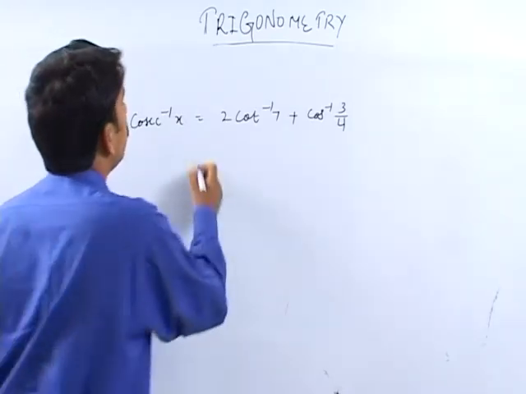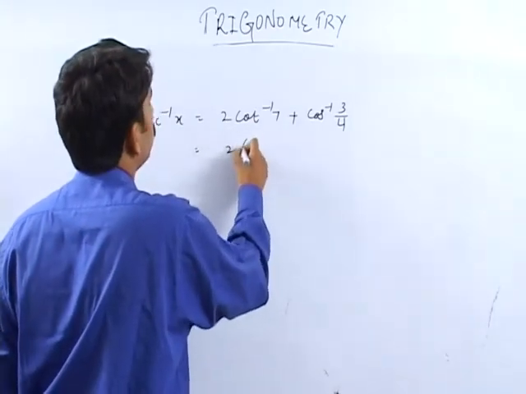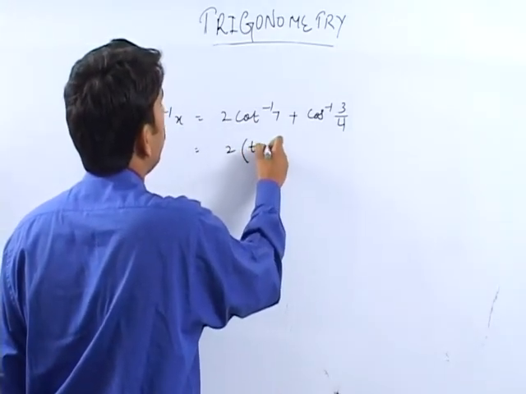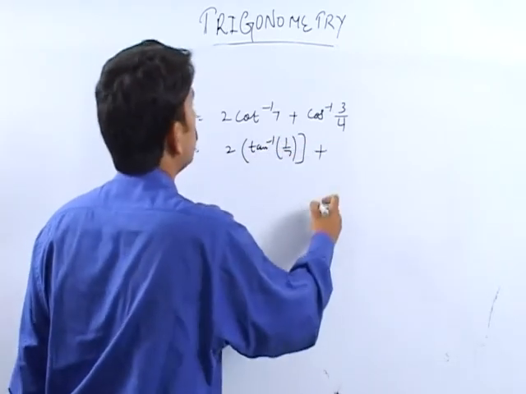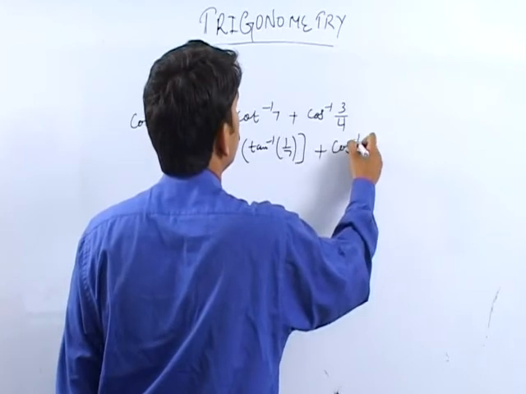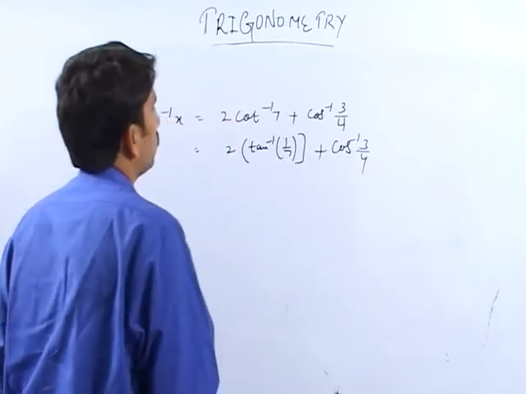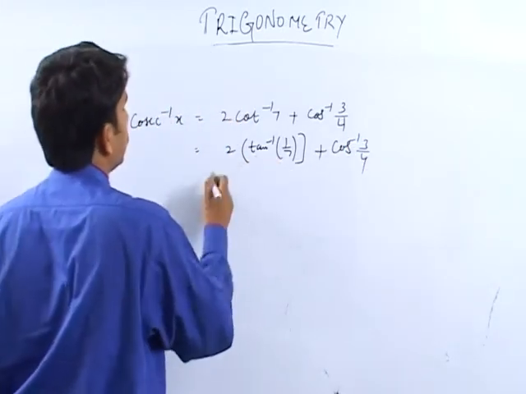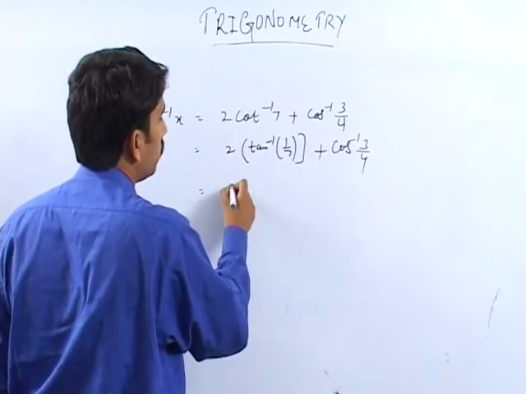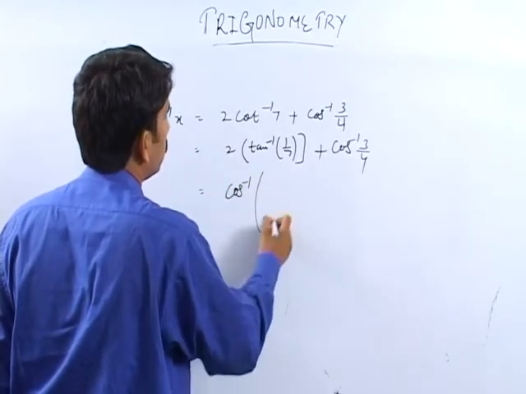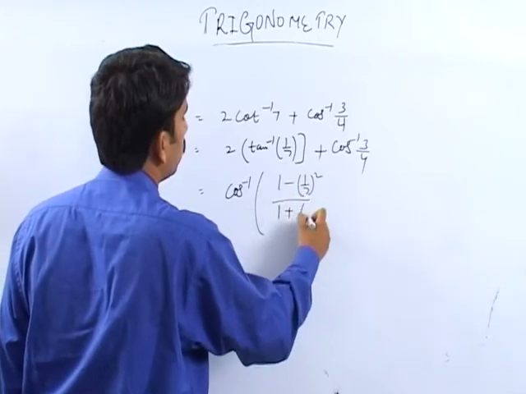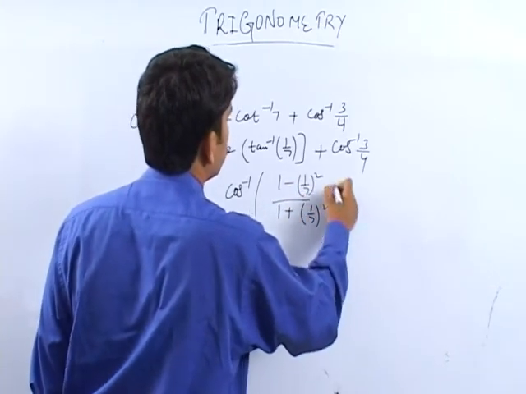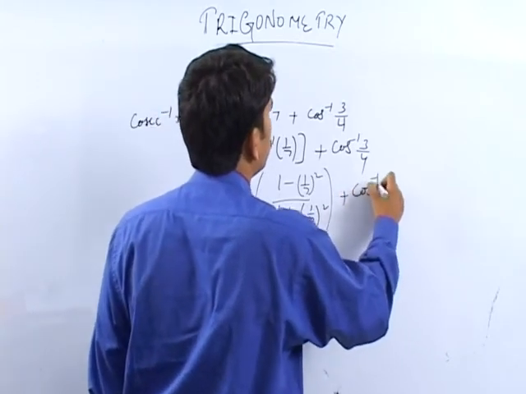Now here, first of all, you can change this into 2 tan inverse 1 over 7 plus cos inverse 3 by 4. So now 2 tan inverse x can be converted into cos inverse 1 minus 1 over 7 the whole square over 1 plus 1 over 7 the whole square plus cos inverse 3 by 4.